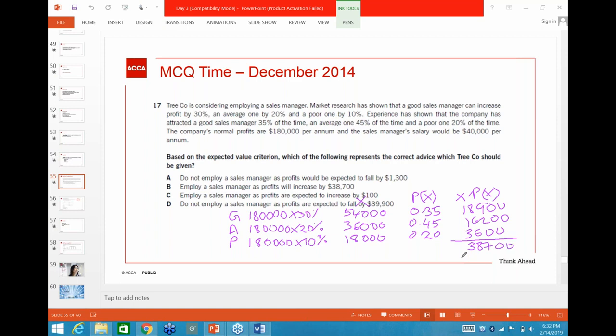So to get this increase, I have to hire a guy and pay the fellow 40. So by doing so, we lose 1,300. A for apple. The given answer was absolutely right.